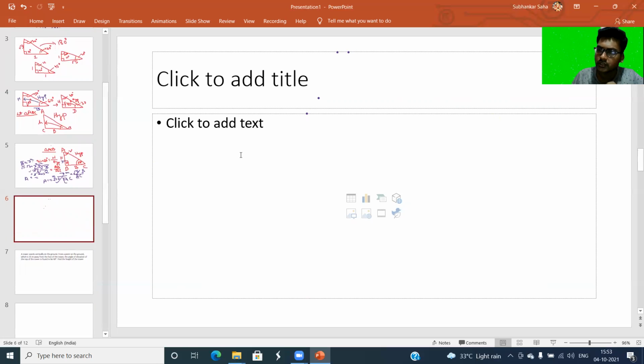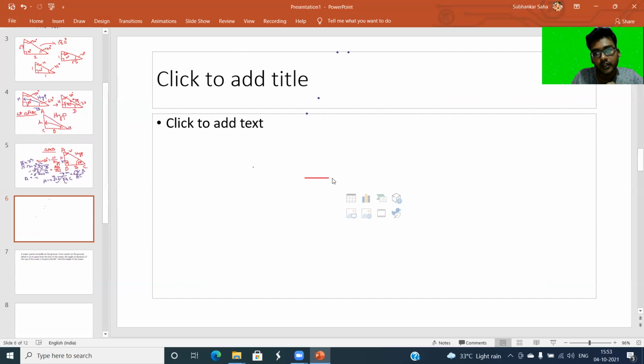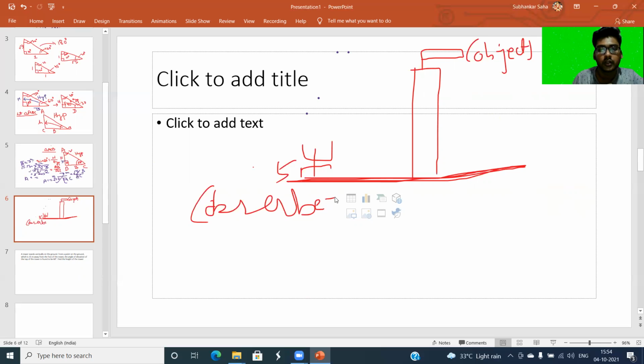Look, if it is the ground, one man here, and it is the building, and it is the flag, the object. It is the observer.